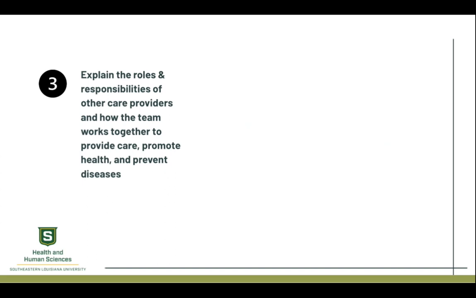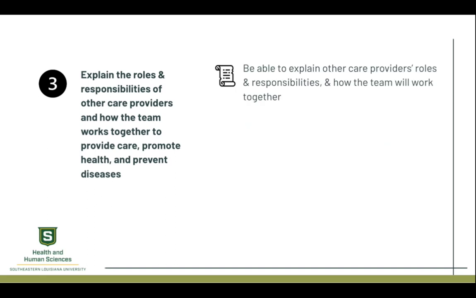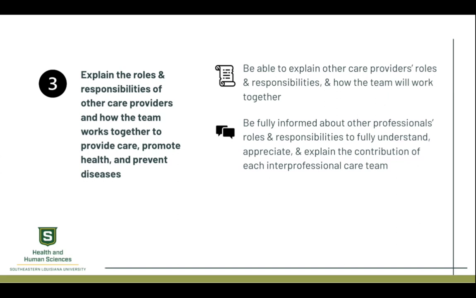You, as a healthcare professional who has interprofessional competency, need to be able to explain the role of that care provider the patient wants more information about. So you need to know enough about what the person is doing and how they are doing it in order to explain it to the patient. So that's being able to explain your other carers' roles and responsibilities and how the team is working together.